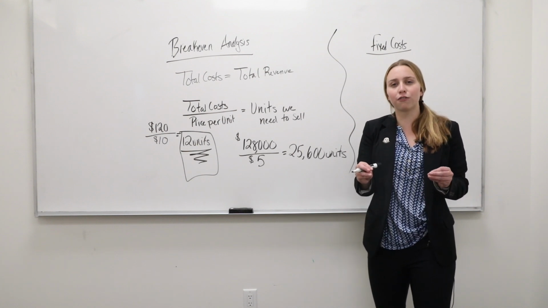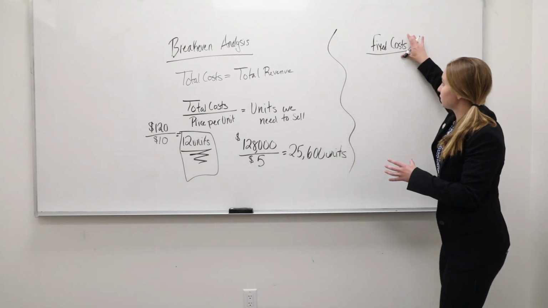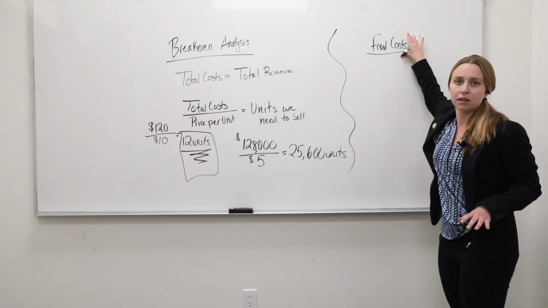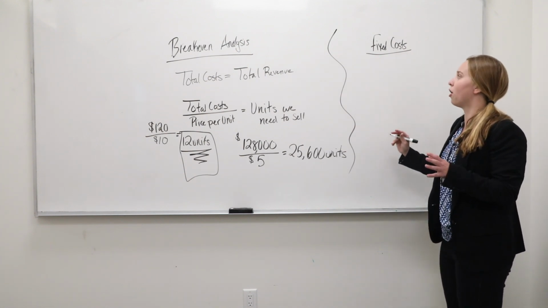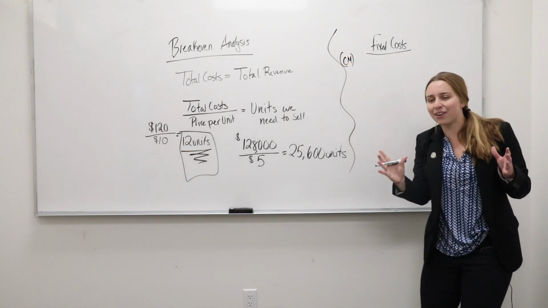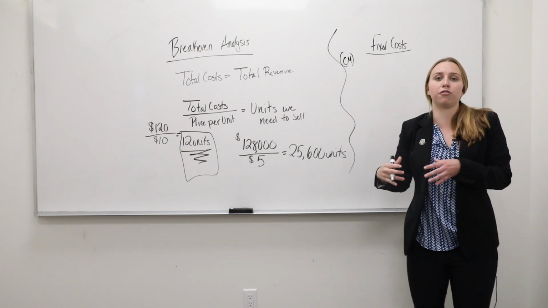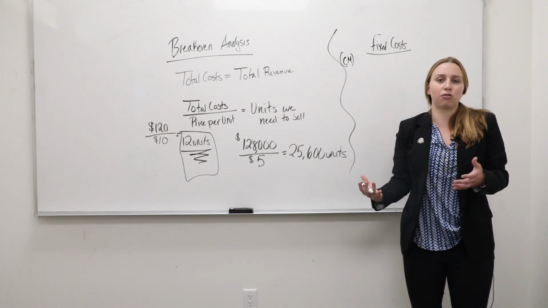So you're going to look for those static expenses and total them up, and that's going to be your numerator. Then what you're going to look at is called the contribution margin. The best way to describe contribution margin is how much of your sales go towards your fixed costs, right? So how do I find that?